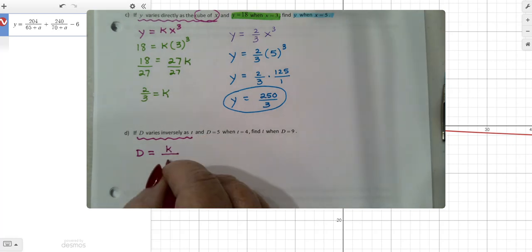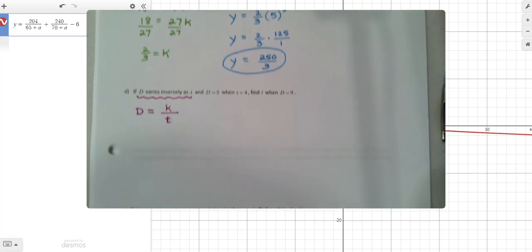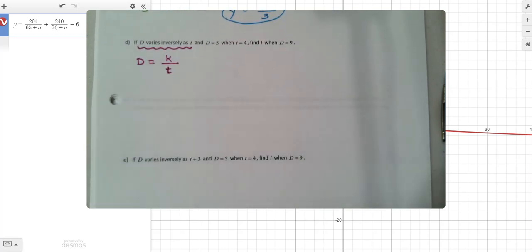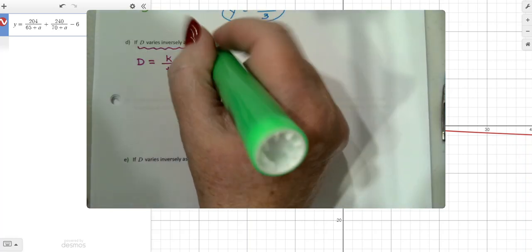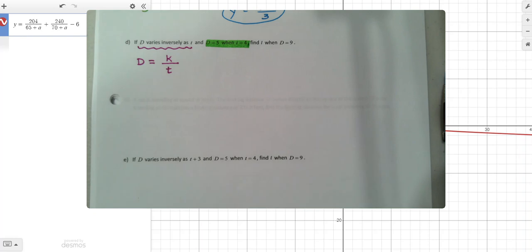And in this case, it's T. Direct variation, k multiplied by. Inverse variation, k divided by. All right, they tell me that D is equal to 5 when T is equal to 4. So let's plug that in.